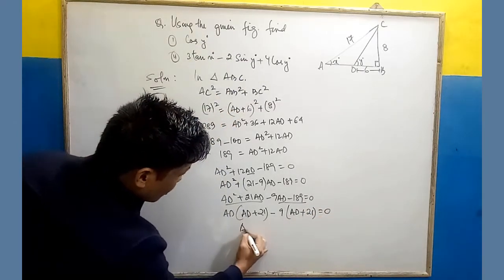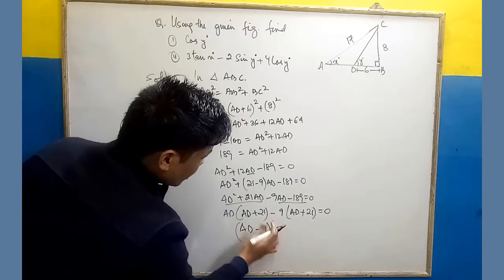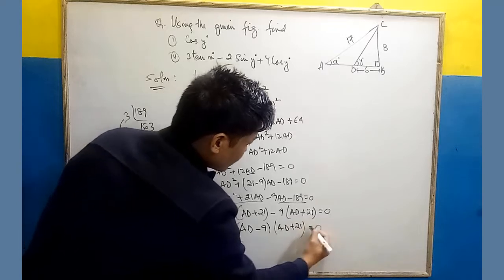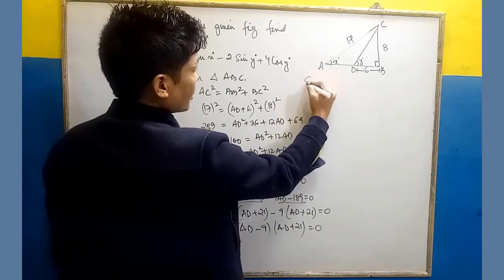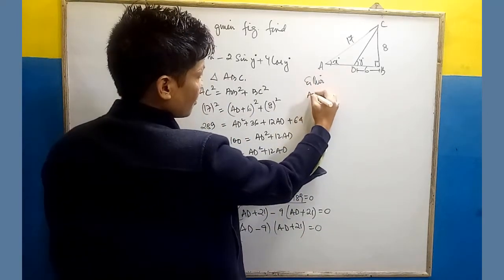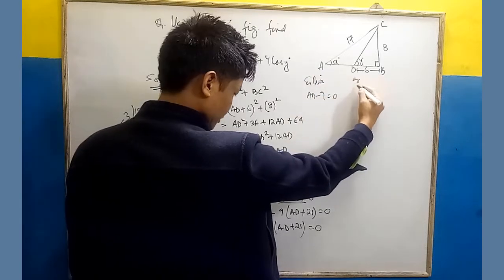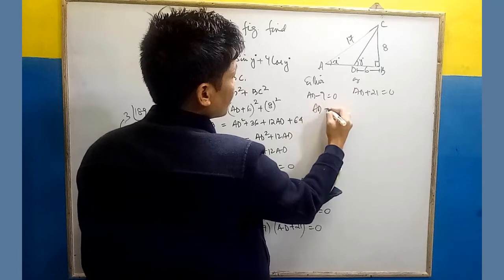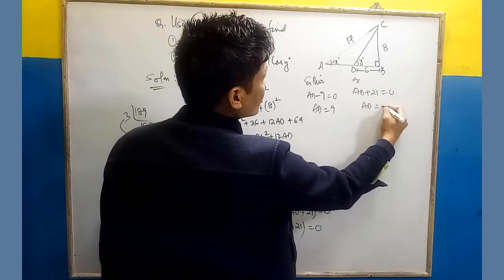So from here I'll take AD plus 21 and AD minus 9, and these two factors are common. So we can write either AD minus 9 equal to 0 or AD plus 21 equal to 0. From here AD is 9 and from here AD is minus 21.